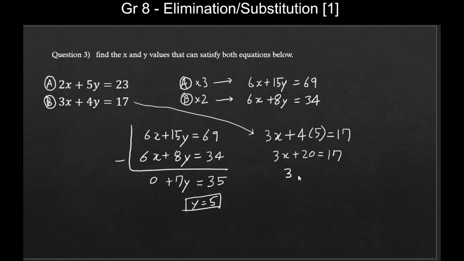And if we move 20 to the other side, it's going to be minus 20, so it's going to be minus 3, right? Therefore, our x value is going to be minus 1. And our answer is correct.